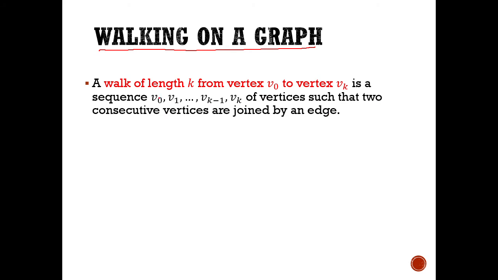So this means v0 and v1 are joined by an edge, v1 and v2 are joined by an edge, until vk minus 1 and vk are joined by an edge. We will denote this walk by this sequence.